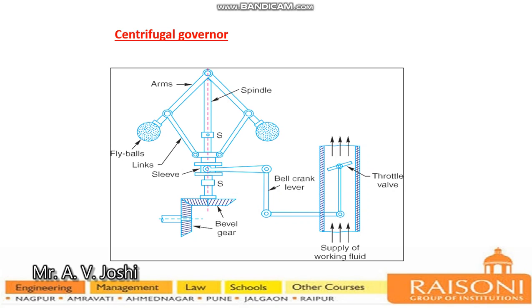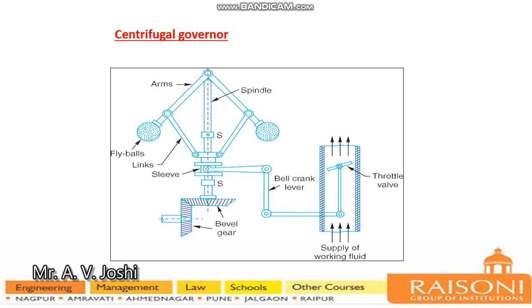When the load on the engine increases, the engine and governor speed decreases. This results in a decrease of centrifugal force on the balls. Hence, the balls move inwards and the sleeve moves downwards. The downward movement of the sleeve operates the throttle valve at the other end of the bell crank lever to increase the supply of working fluid, and thus the engine speed is increased.